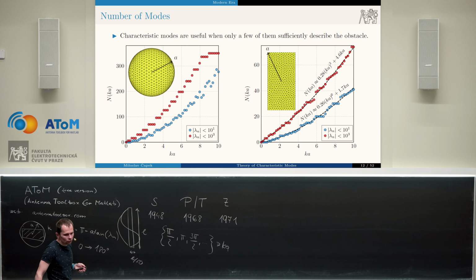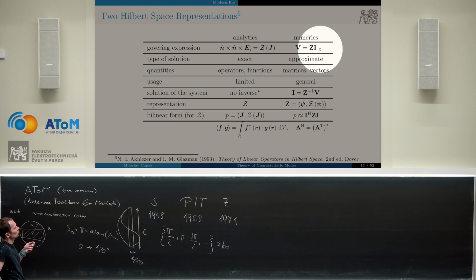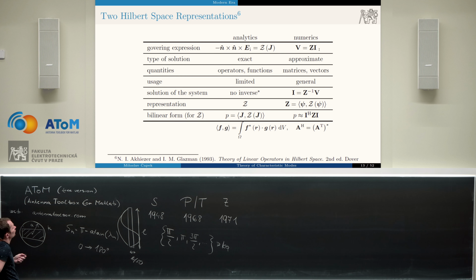Okay, this is only a comparison of two spaces in which we can represent the characteristic mode decomposition. So first is through analytics, and second is numerics. So considering the electric field integral equation once again, this is the governing expression for the analytics, and here you can see the algebraic form: the excitation vector, impedance matrix, and current densities.